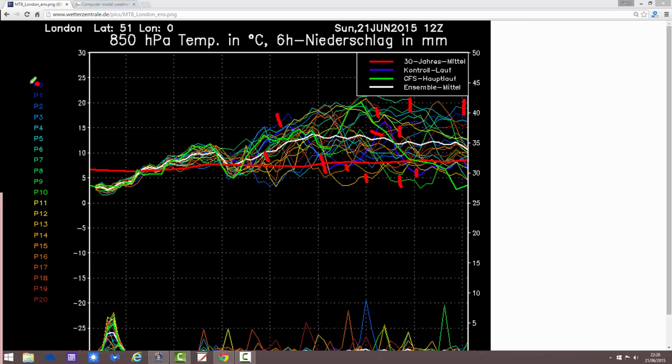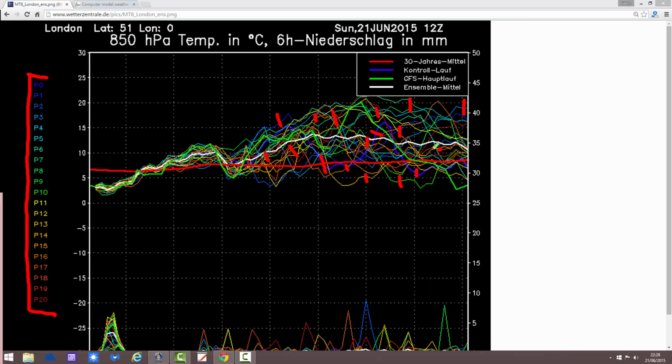So you can see that each one of these coloured lines is represented here on this scale just here, where we've got P0, P1, P2, P3, all the way down to P20, which is just down there. So what you do is compare these coloured lines to P1, P2, P3, P4, P5, for instance. You compare the scale to each individual member, each one of these coloured lines just here.